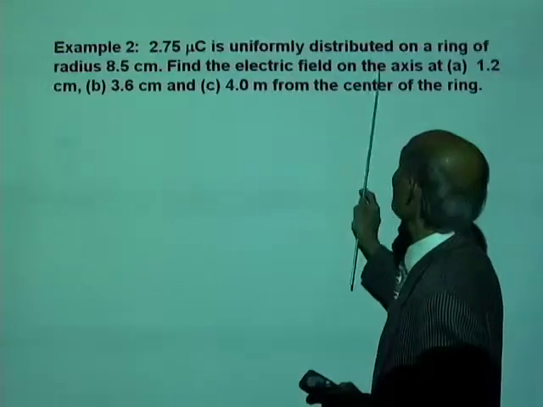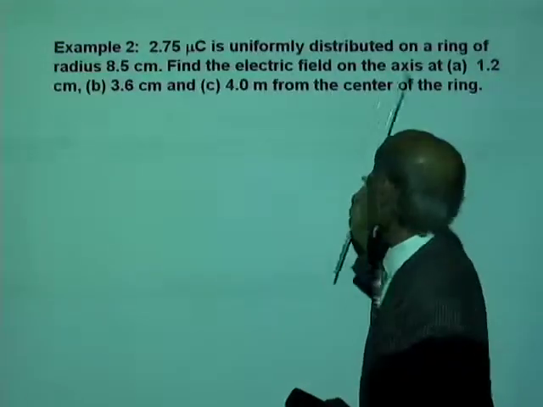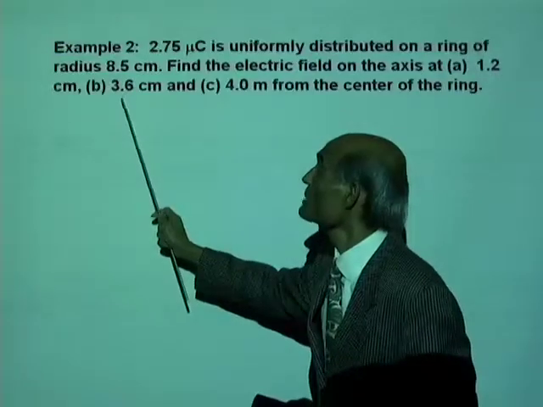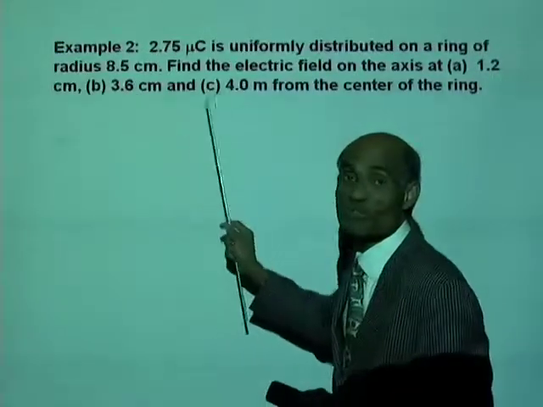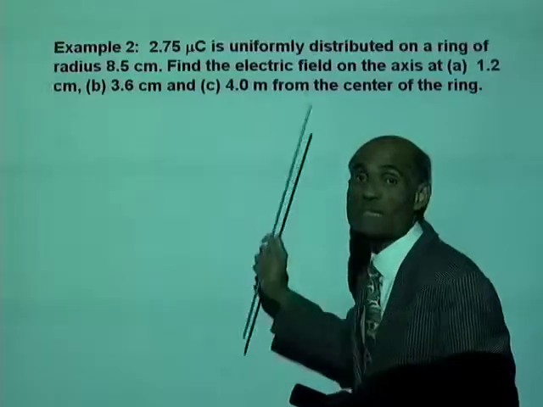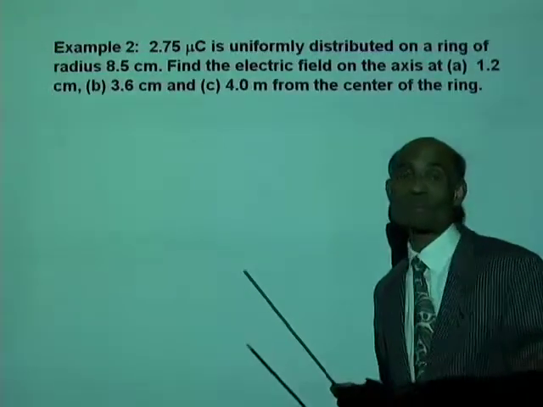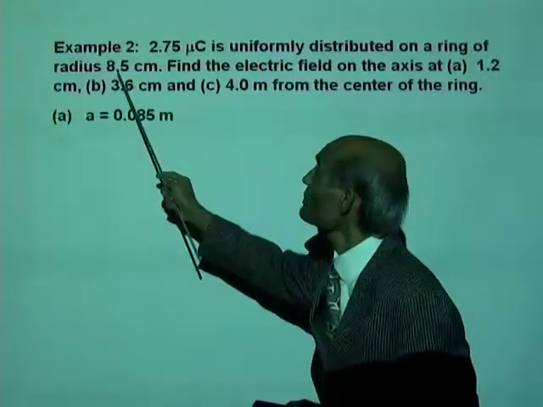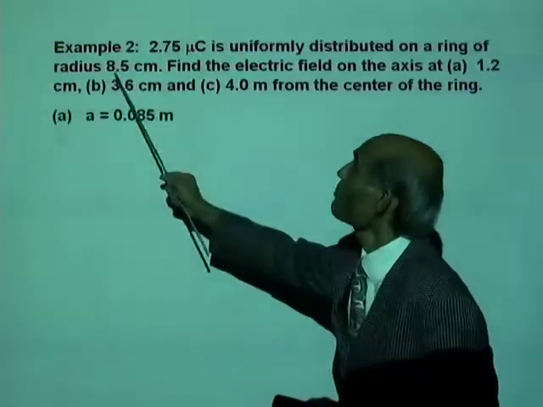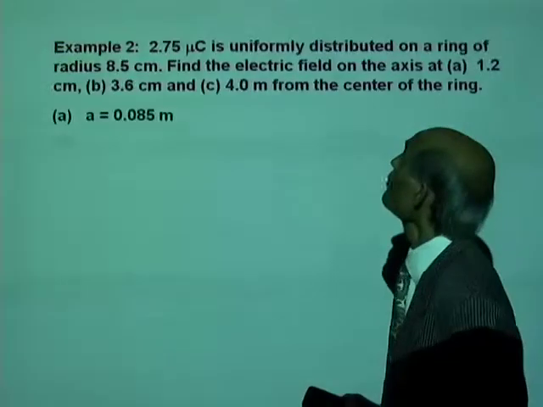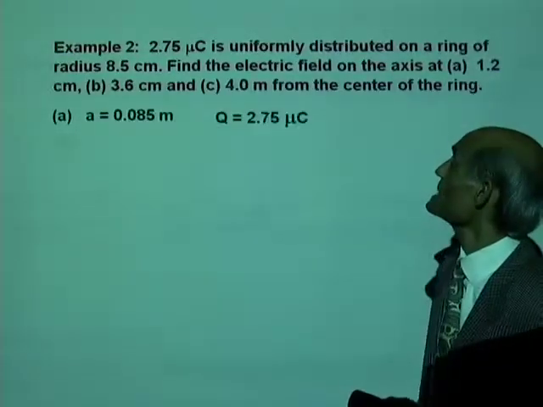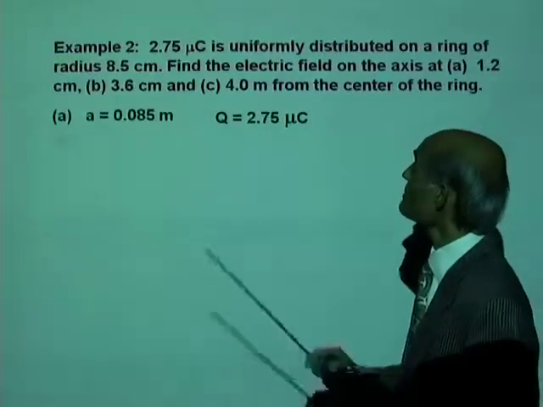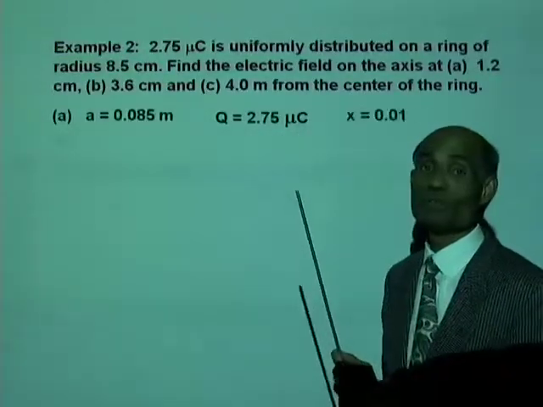Find the electric field on the axis at 1.2 centimeter from the center, 3.6 centimeter from the center, and 4 meter from the center of the ring. Well, we know the radius is given, which is 8.5 centimeter, 0.085 meter. The charge carried by the ring is 2.75 microcoulomb.